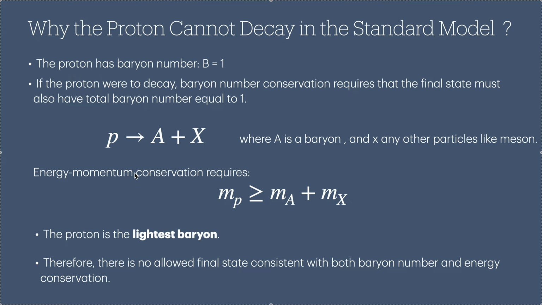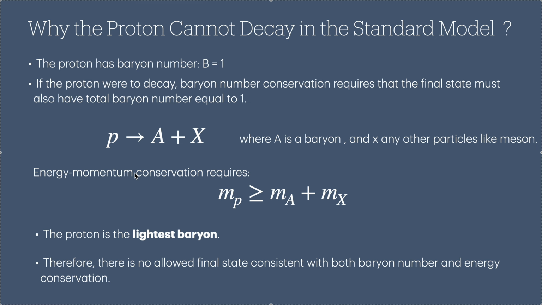Now here is the catch. Baryon number conservation requires that, since the proton is a baryon with baryon number 1, in the final state there must be a baryon, either A or X. Let's say A is a baryon.